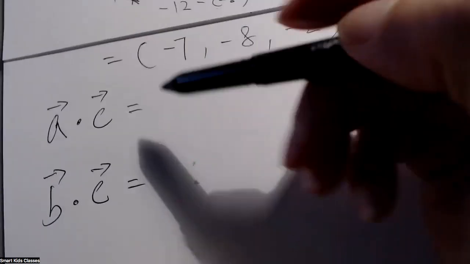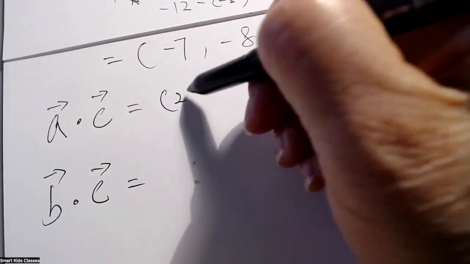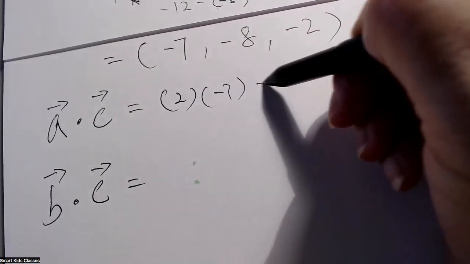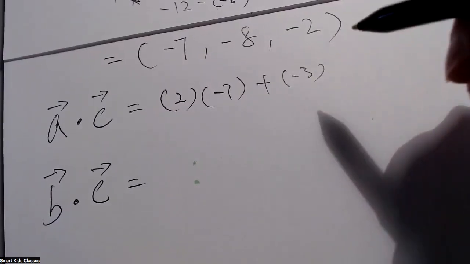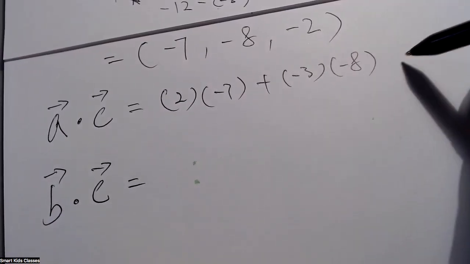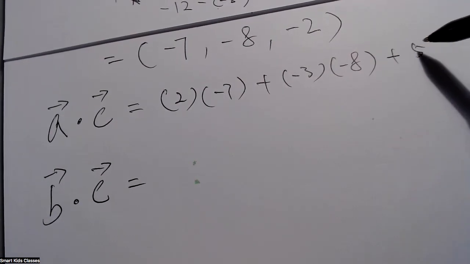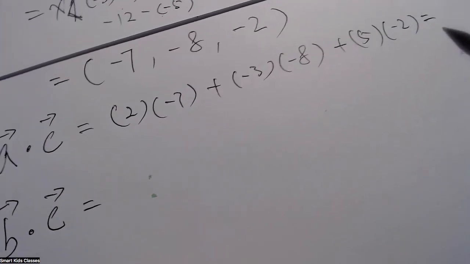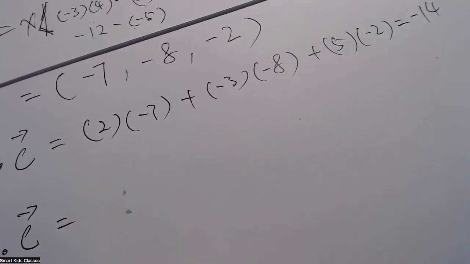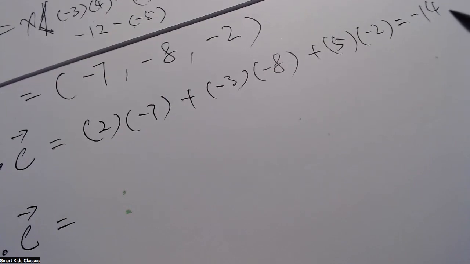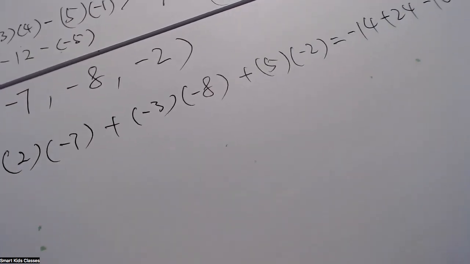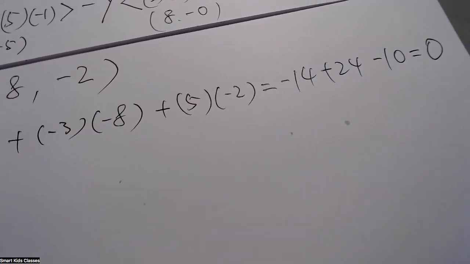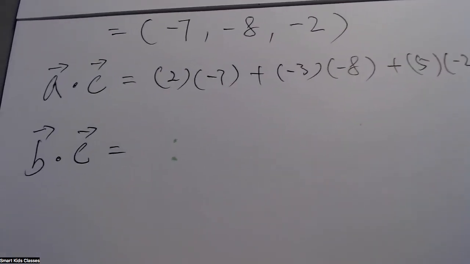A is 2 times -7, add -3 times -8, and add 5 times -2. We get -14, add 24, minus 10. The answer is equal to 0. We got it correct.